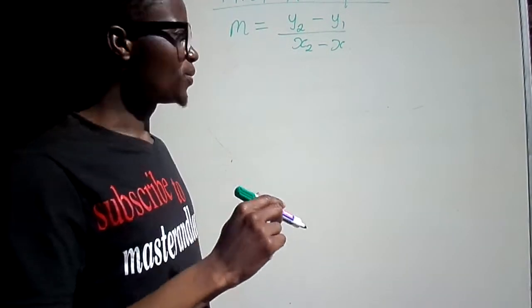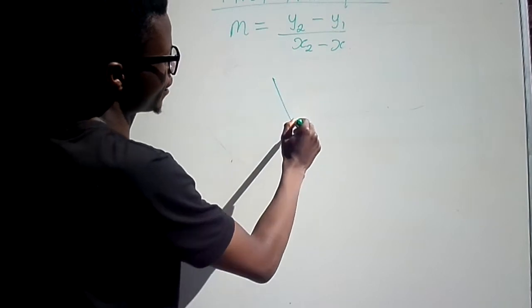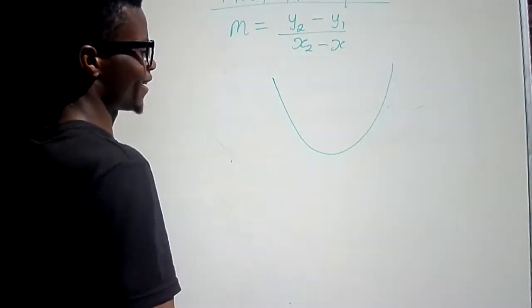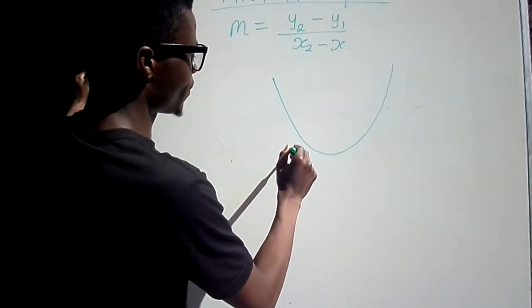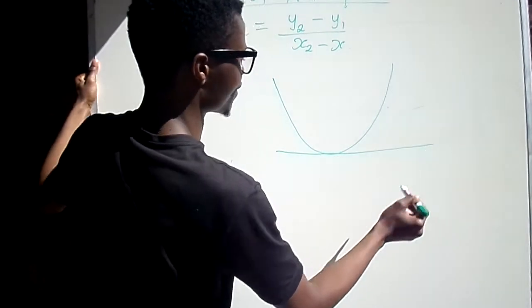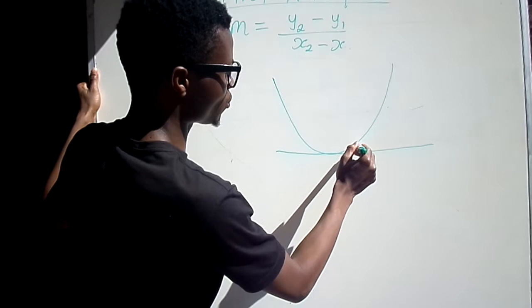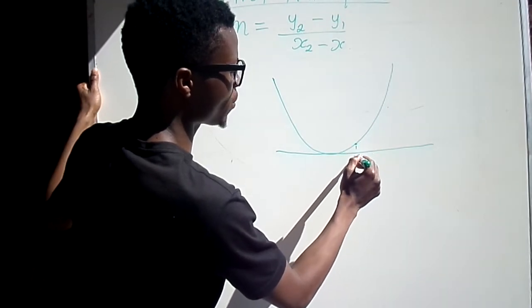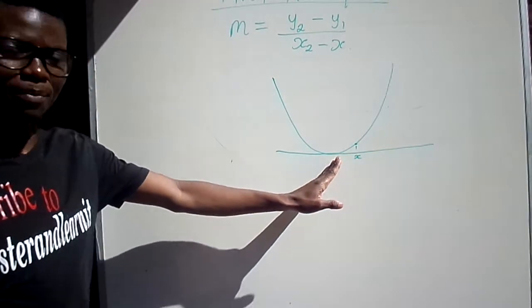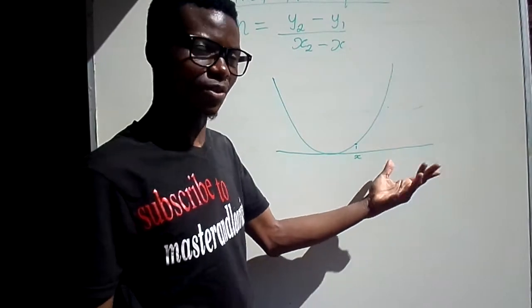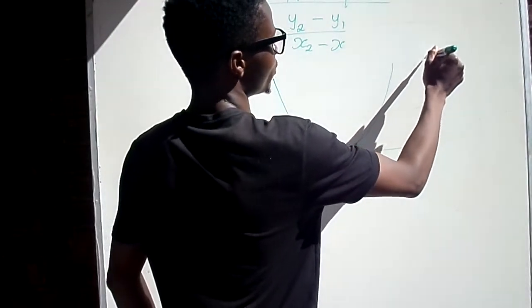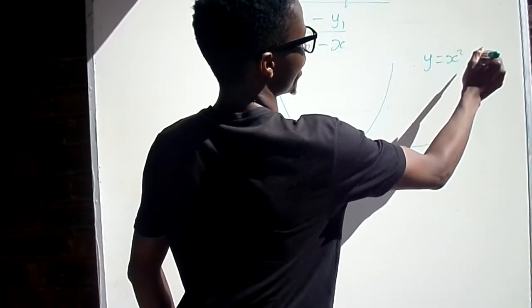So using algebra, suppose we have a curve like this and we want to find the gradient of this function. So let us say this point where I'm just drawing here has a coordinate of x. Remember, when we're drawing functions we use x and y. So this curve, I'm going to call it y equals x squared.